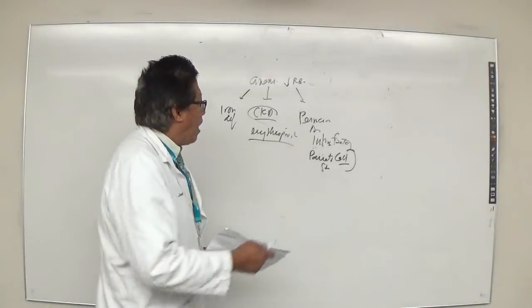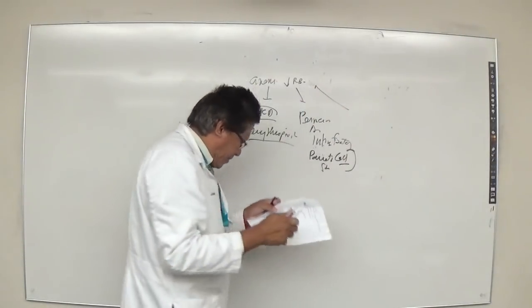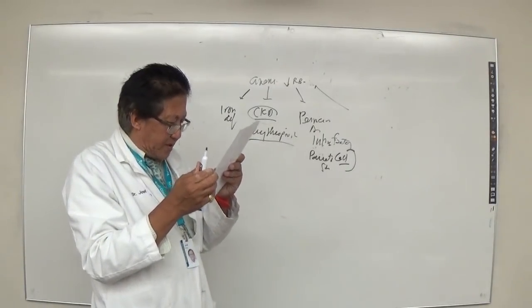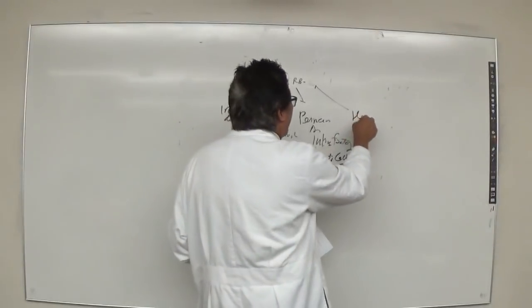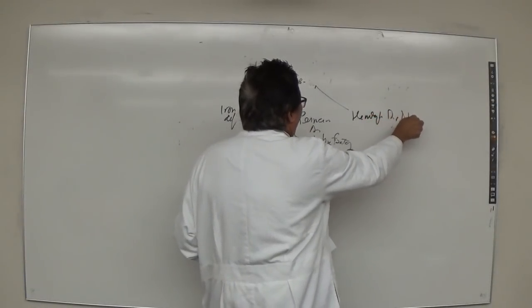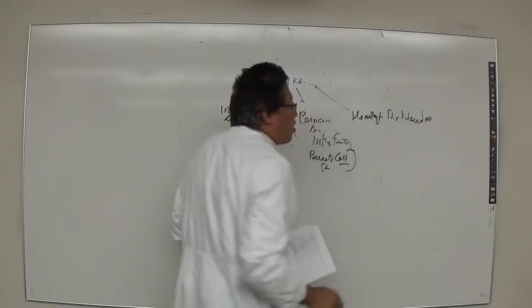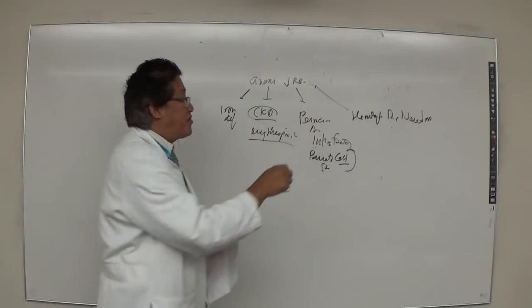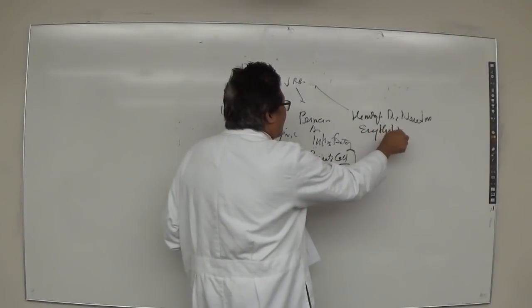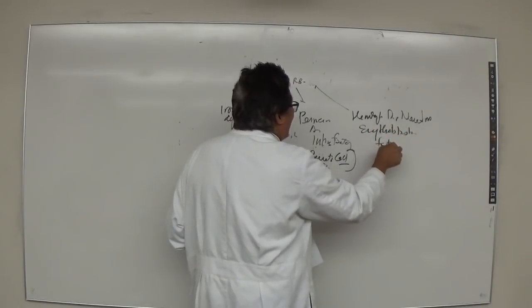Okay. Now, of course, another form of anemia is hemolytic disease of the newborn. Have you heard about this? Hemolytic disease of the newborn is also known as erythroblastosis fetalis. Okay? And what is the meaning of this?